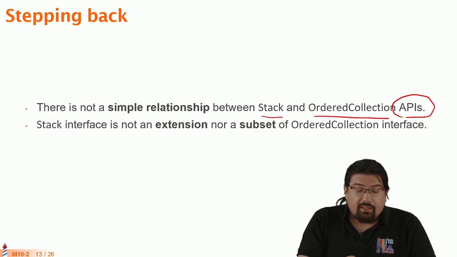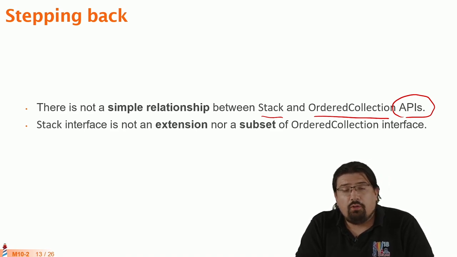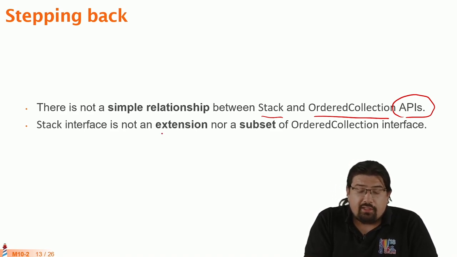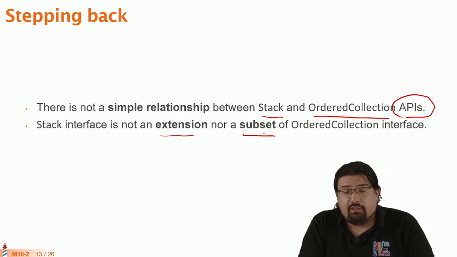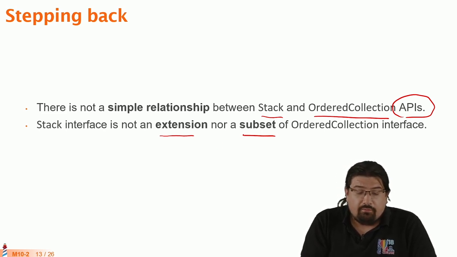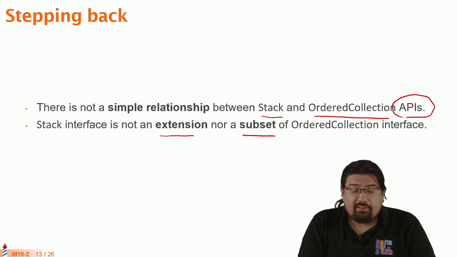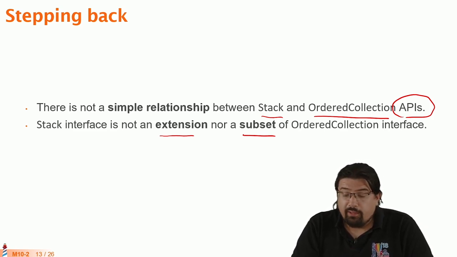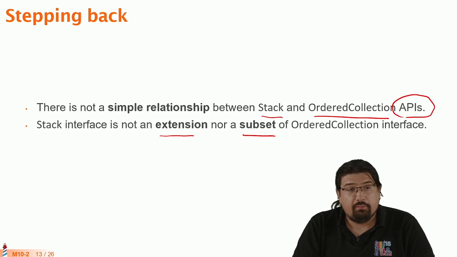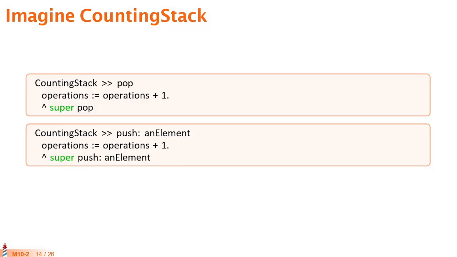The interface that we expose in the stack is not an extension or a subset of the ordered collection. There is no way that we can find this kind of extension. It's not that we are adding new operations to ordered collection while keeping the previous ones, or just using some part of them.